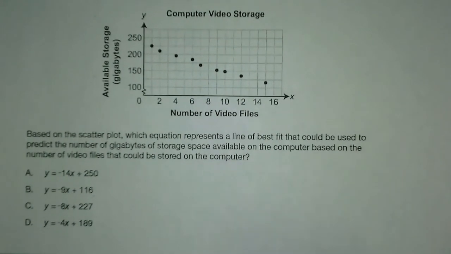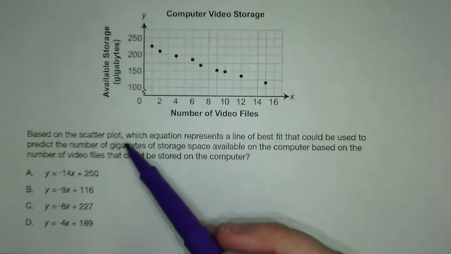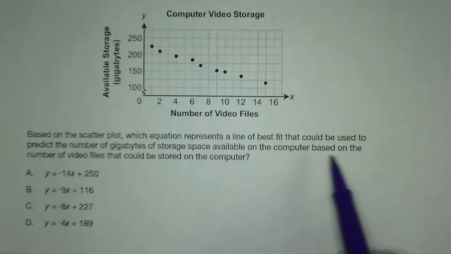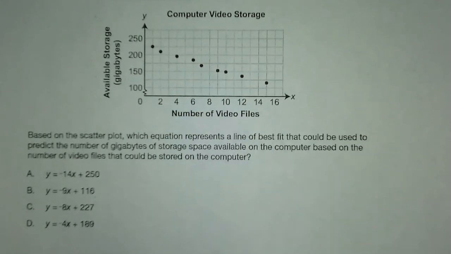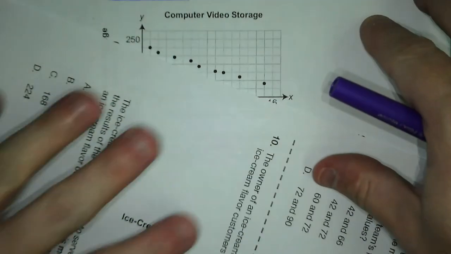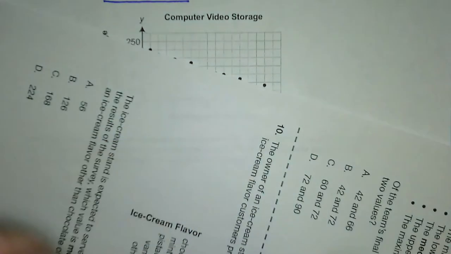Based on the scatter plot, which equation represents a line of best fit that could be used to predict the number of gigabytes of storage space available based on the... Okay, gang, all they want here is if there was a line of best fit, which might as well draw it or sketch it or whatever.